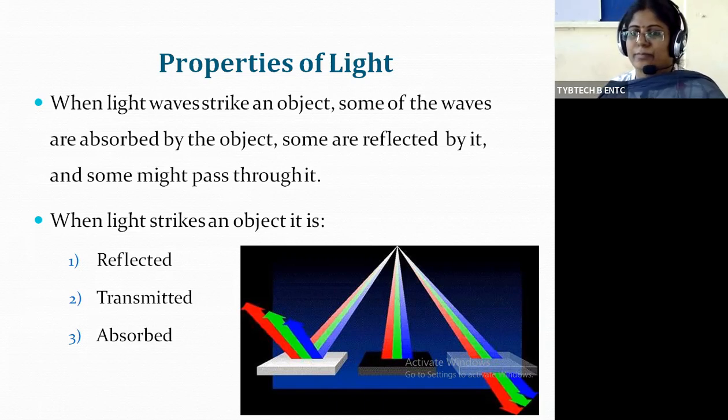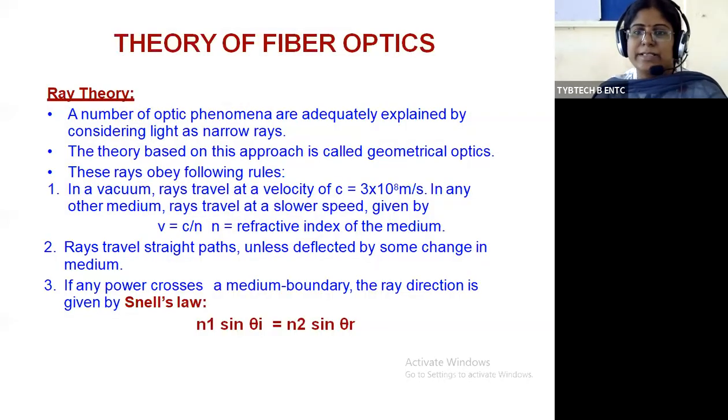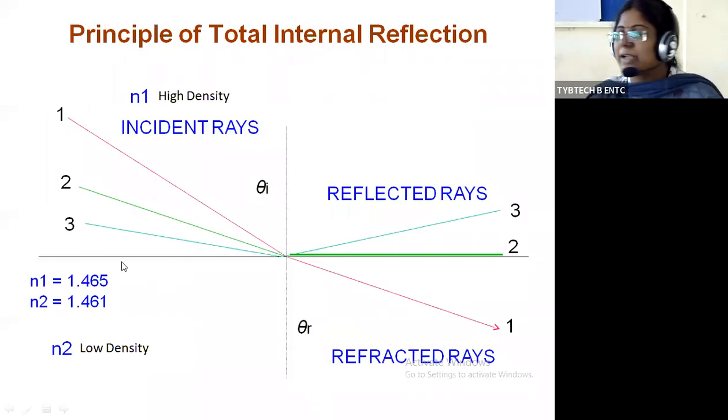Second, critical angle case. And third is total internal reflection. Okay, now we will see the first case, that is refraction.